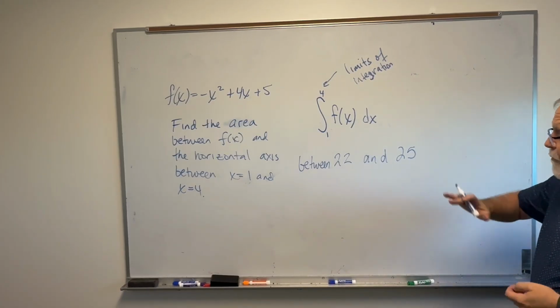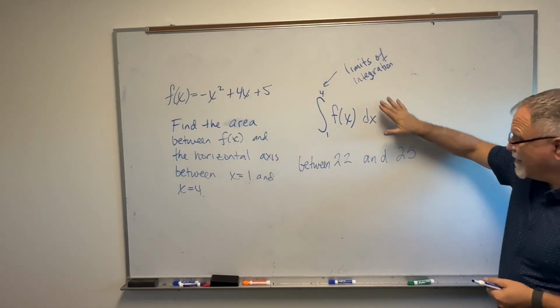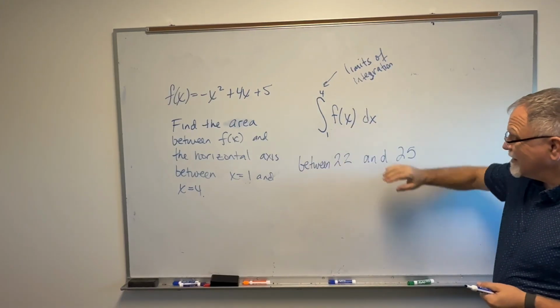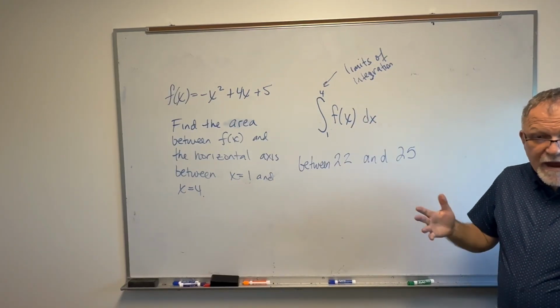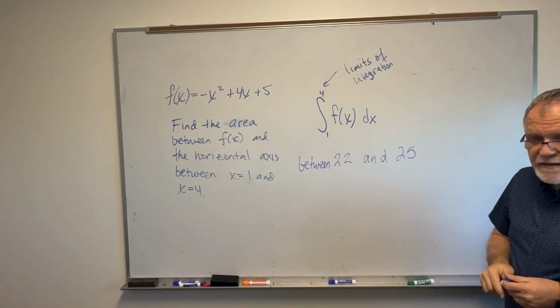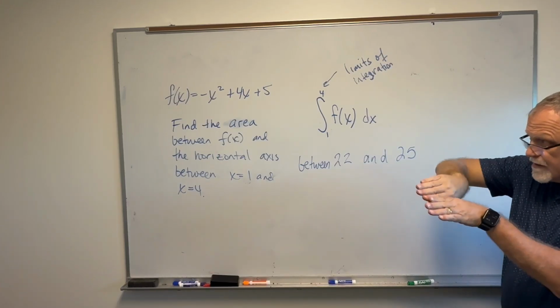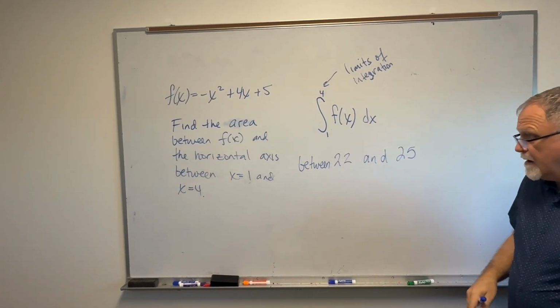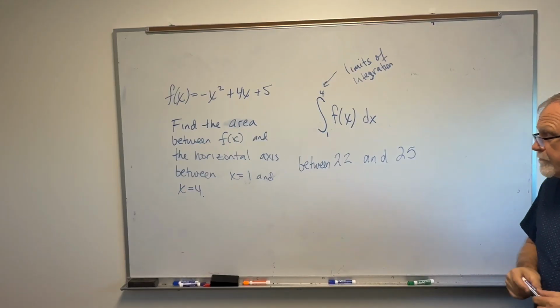All right, so the key thing I want you to take away from this is that this represents the area between the curve and the horizontal axis, as long as the function is above the horizontal axis. It's signed area otherwise.